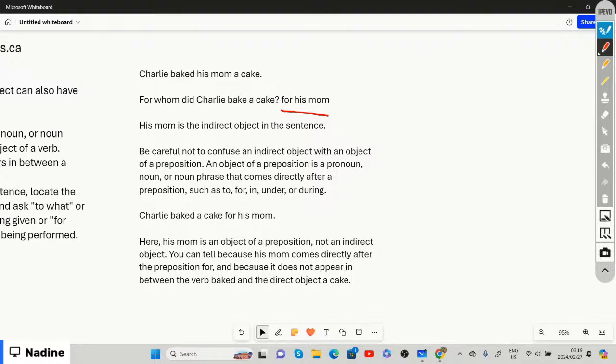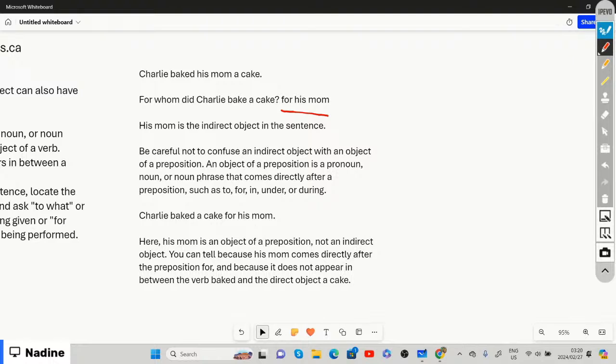So we see that here his mom is an object of a preposition, because it comes after the word for, which is a preposition, and it's not an indirect object. You can tell because his mom comes directly after the preposition for, and because it does not appear in between the verb baked and the direct object a cake.